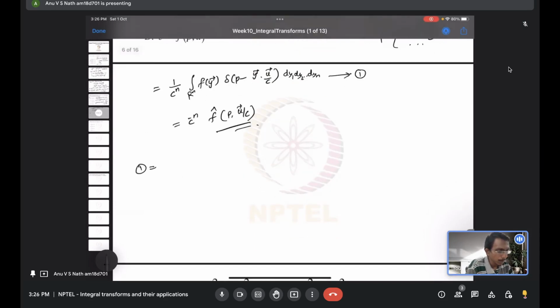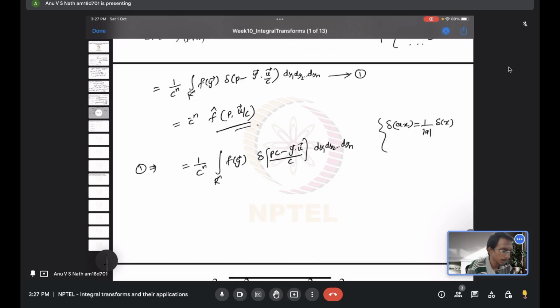So expression 1 I can again rewrite, with 1 by c to the n already outside, as the integral of f of y vector and delta of p by c minus y dot u by c, times dy1, dy2, etc., dyn. Now you know the property of the delta function: delta of ax is 1 by mod a times delta of x.